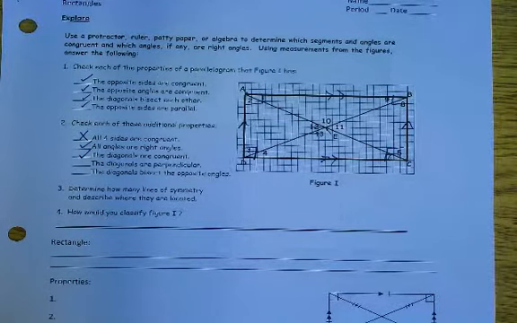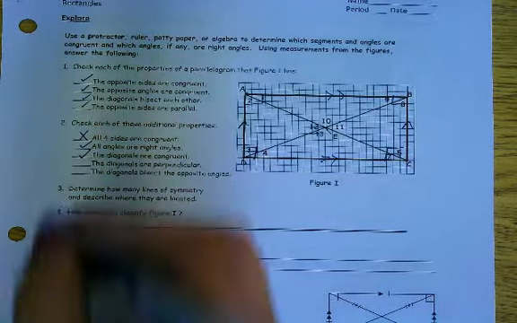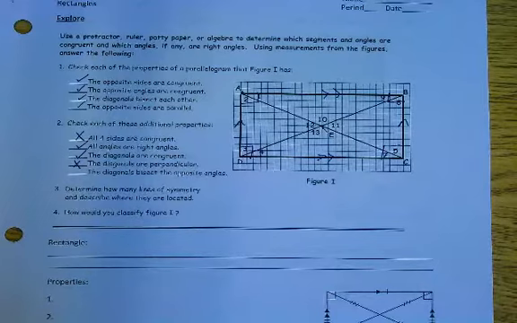Are the diagonals perpendicular? Look at your picture. Does it look like they form right angles when they intersect? No. Do the diagonals bisect the opposite angles? No. Use your protractor. Basically, what you would be telling me is that both of those angles are 45 degrees at each corner.